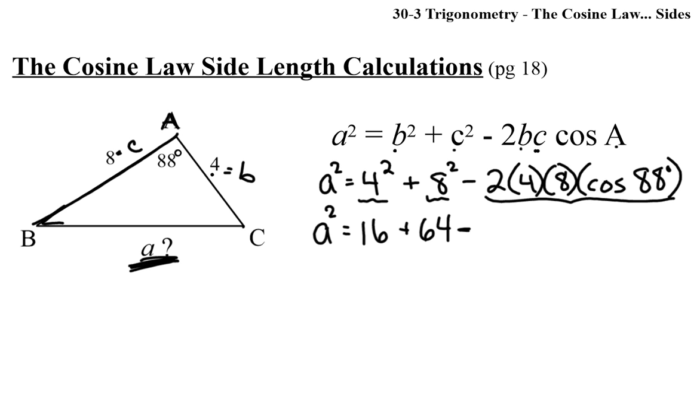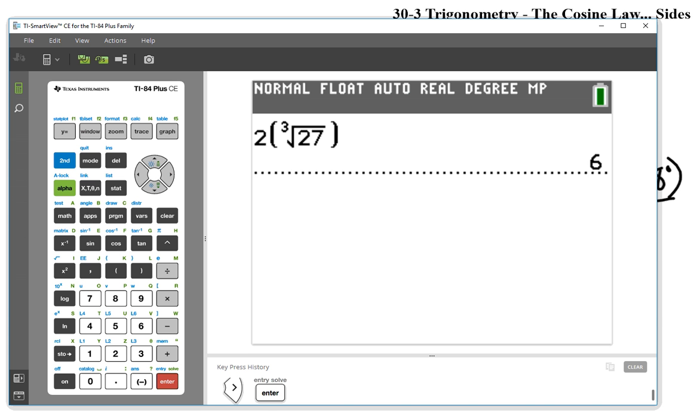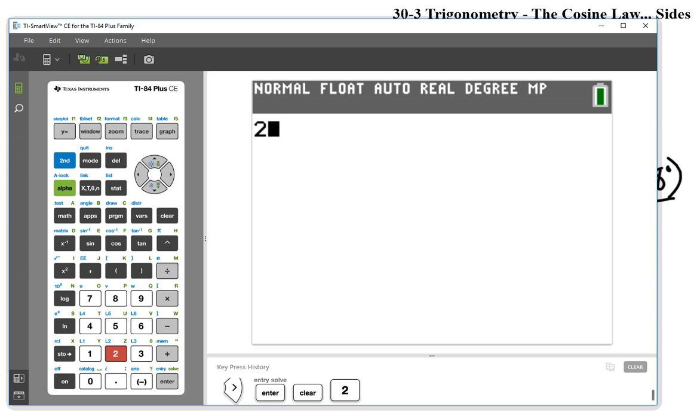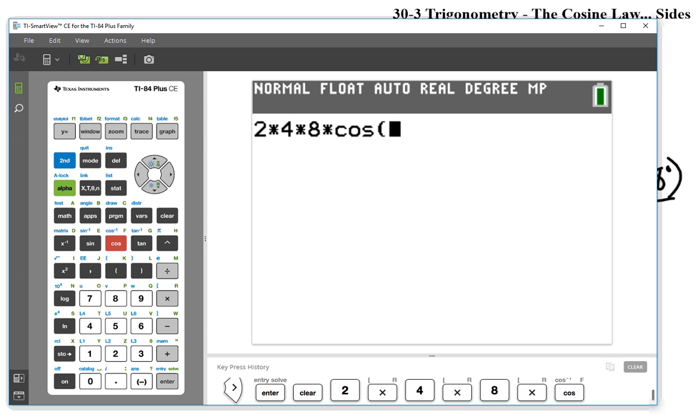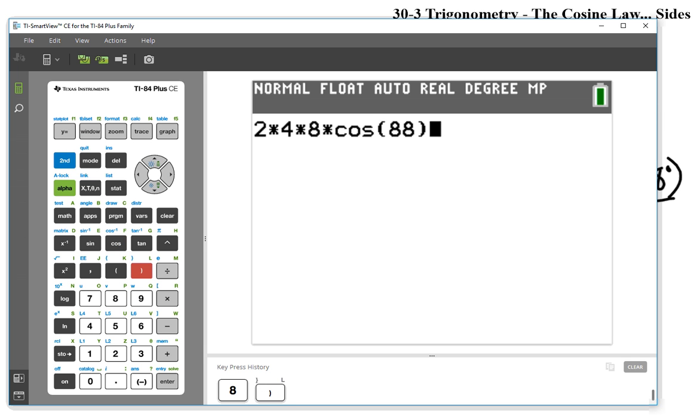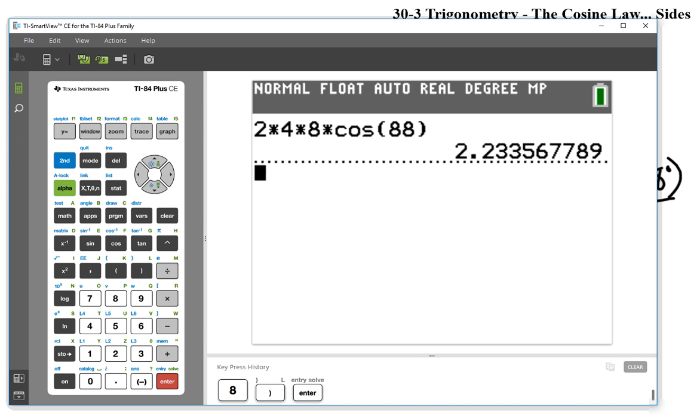So if I punch all of that into my calculator and break it into those little steps, I'll have 16 plus 64, and then let's go to our calculator. We would have 2 times 4 times 8 times cosine of 88, and we get 2.23356, so 2.23.